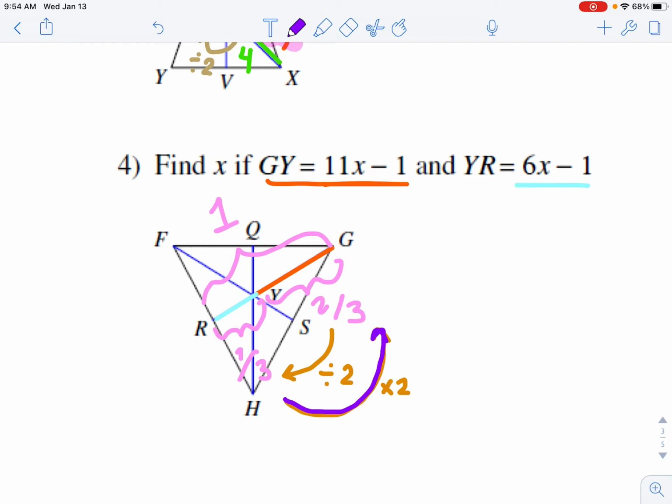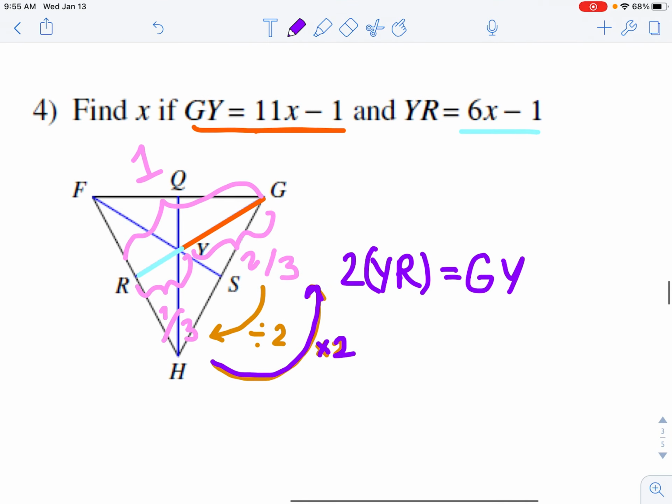I actually just like multiplying by 2. Helps eliminate fractions. But if I take YR and multiply it by 2, that's going to give me GY. I'm taking 1/3 of the median, multiplying by 2 to get 2/3 of the median.